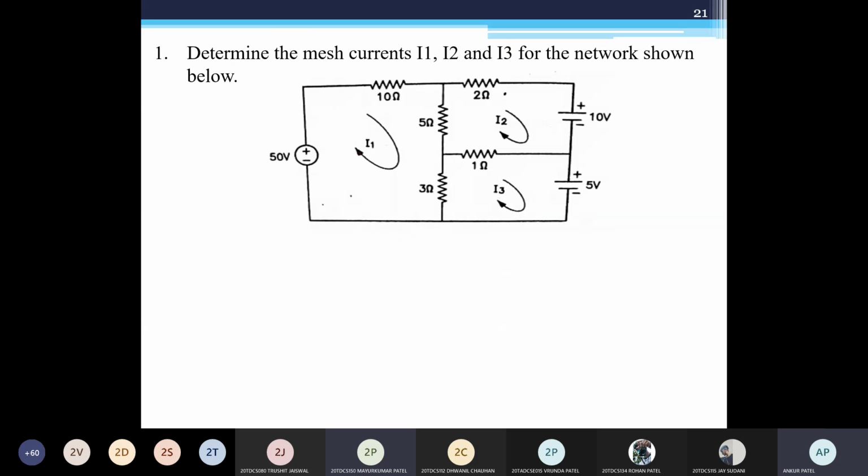Now here an example is given. Determine the mesh currents I1, I2, and I3 for the network. So can anyone tell me the equation for mesh 1?